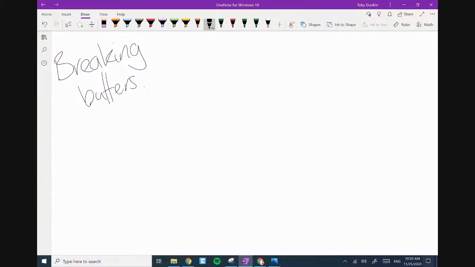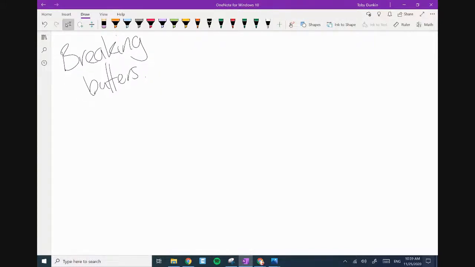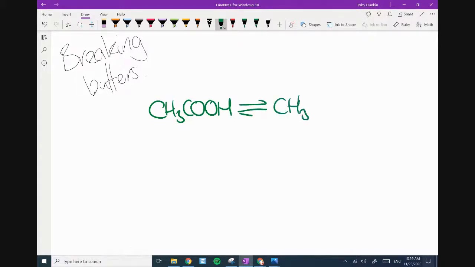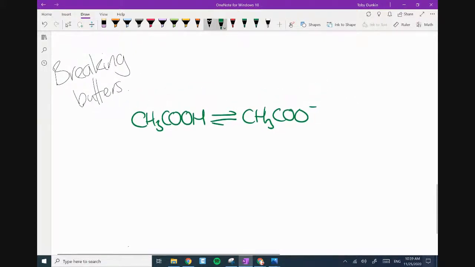It just sounds cooler. So what we established in that previous question, we established an equilibrium between these two, our acid and its conjugate base. Yeah, and we can add the H plus there as well if we like, which is always quite nice to see, but I do it in a different color.